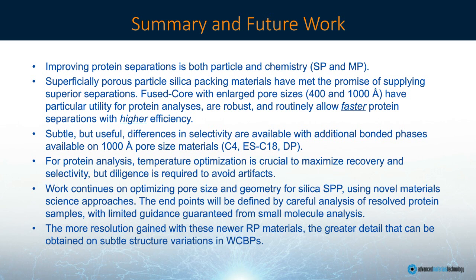The 400 and the 1,000 angstrom pore sizes show particular utility for proteins. They are robust and they are routine. They allow for faster protein separations with higher efficiency, as opposed to the fully porous 300 angstrom materials.